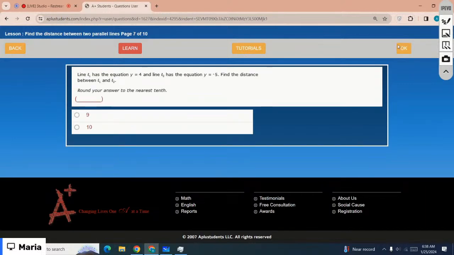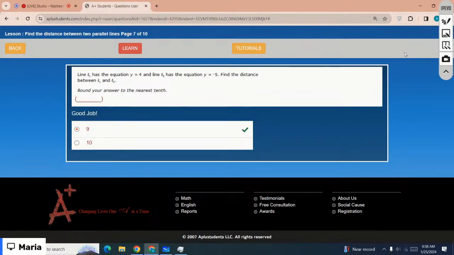Line L1 has the equation y equals 4 and line L2 has the equation y equals negative 5. Find the distance between L1 and L2. The correct option is 9. Yes, very good. That is 9.